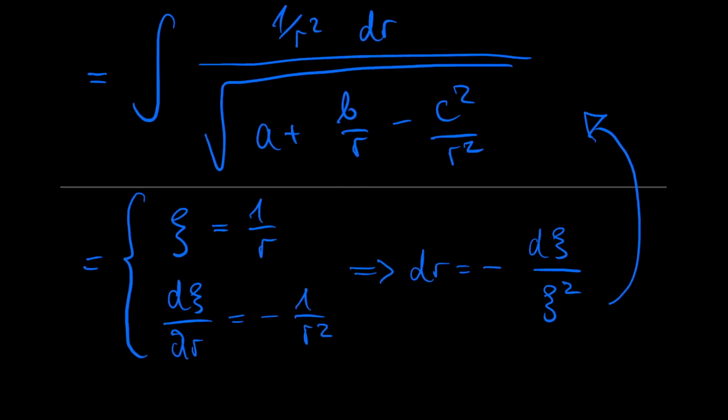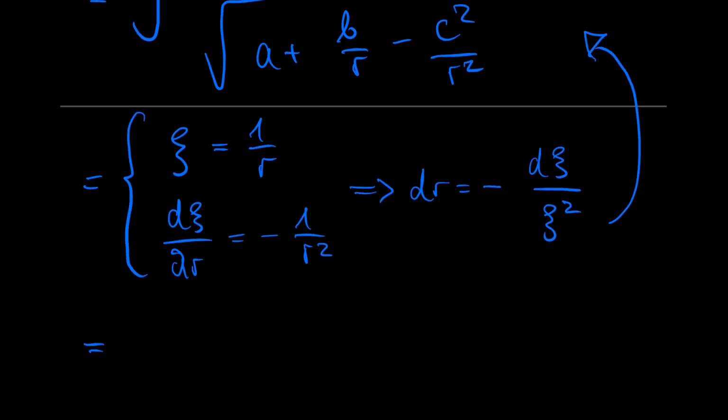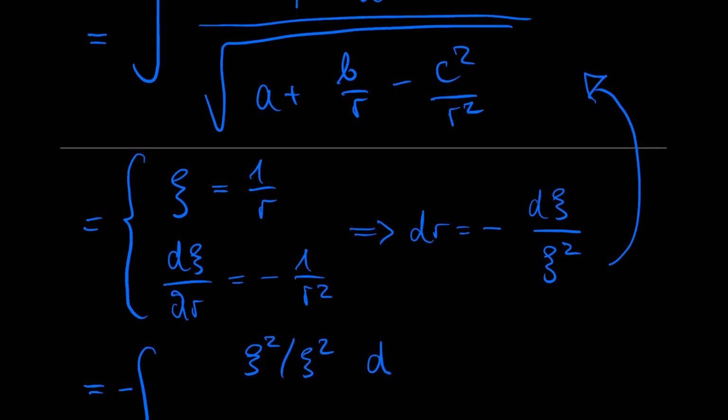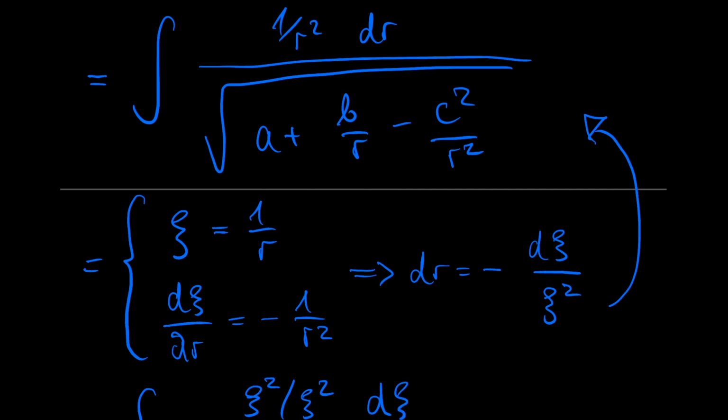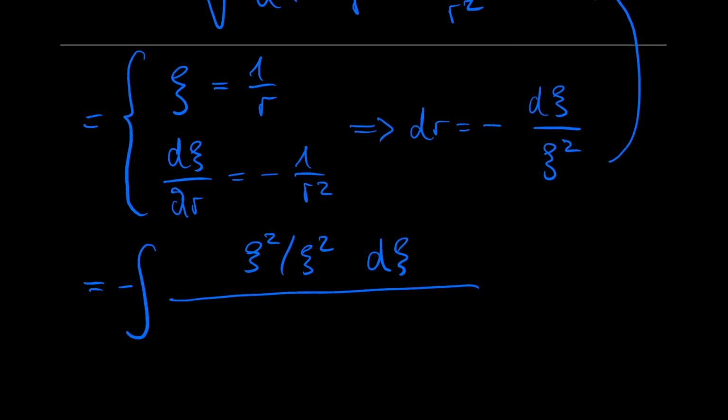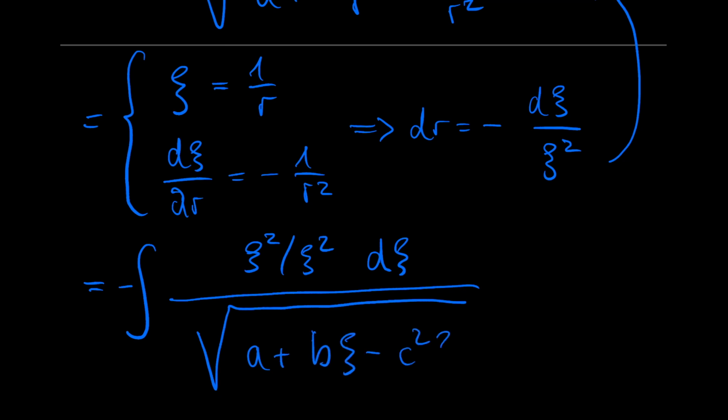So what we will get is the integral of psi minus the integral of psi squared divided by psi squared times d psi, and then the whole thing divided by the square root of a plus b psi minus c squared psi squared.